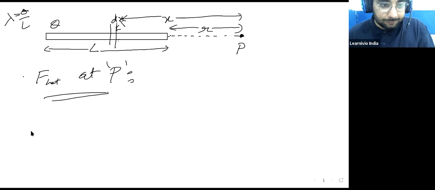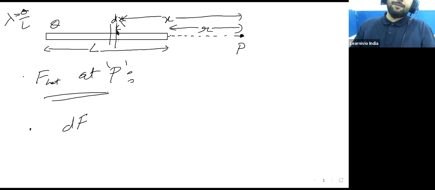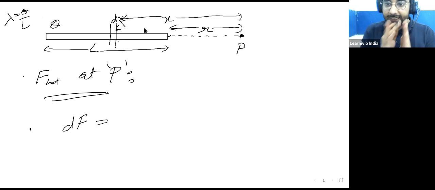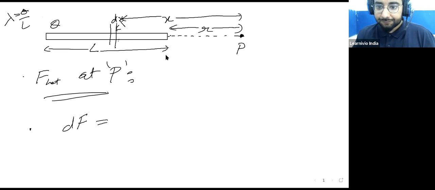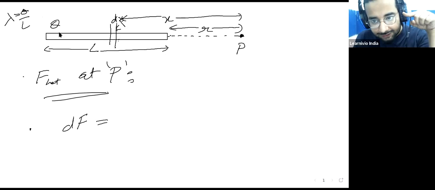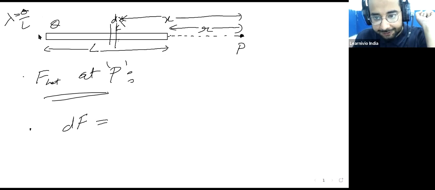So the small amount of force acting is because of the small dx object. Now, this object which has length dx, how much charge will this dx have? Uniform charge. What you're given is the charge density, which is lambda, correct?